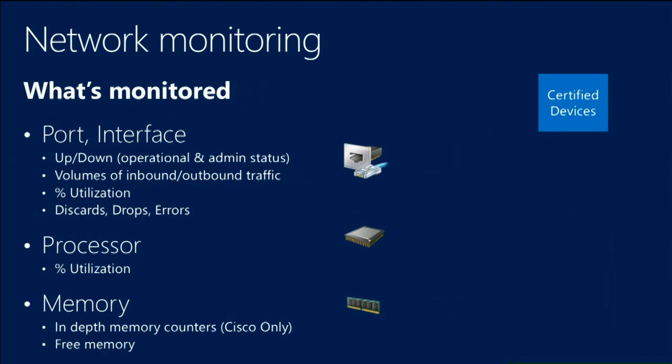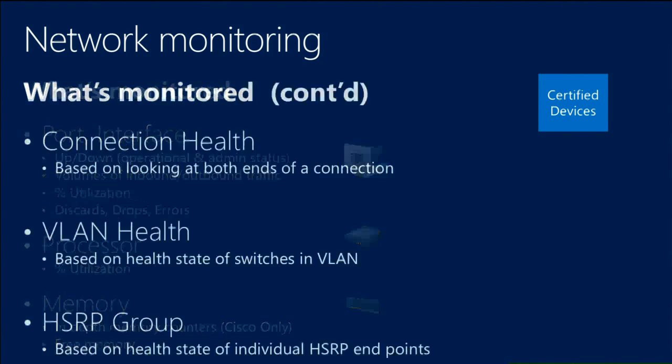Now, if you look at certified devices, so devices we know about that have extensive monitoring, we'll give you port and interface monitoring, so up and down, if things change from an operational or administrative status, volumes of traffic, percentage utilization, discards, drops, errors, the typical things I guess you want to have on a port level. Processor, percentage utilization, memory, free memory, and for the Cisco devices, we do some more memory counters because they expose more information through their SNMP protocol.